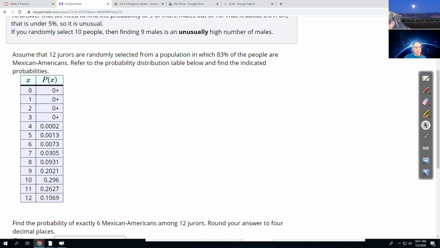So this is a table I built for you that has the probabilities. X in this case is the number out of 12 who are Mexican American. Notice the highest probability ends up being what? 10. Yeah, 29.6%.